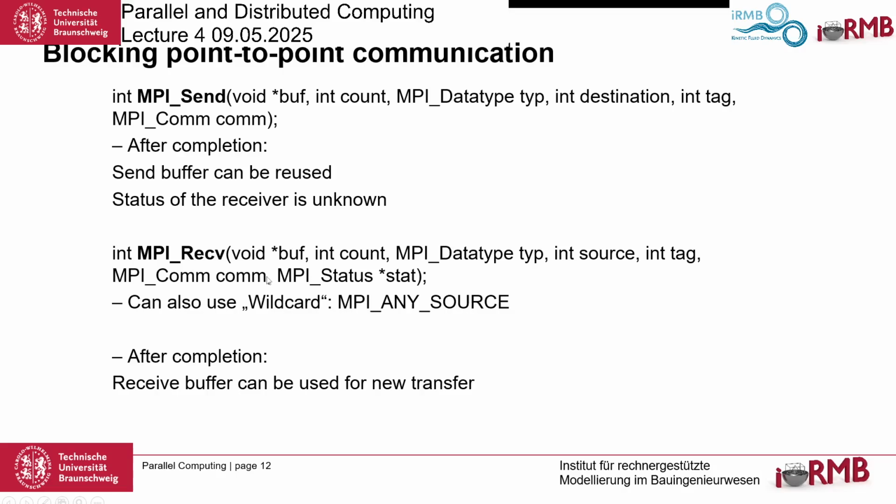Why are we so specific here? When the sending is done, so I have this blocking send, what I can do is use the buffer with which I was sending stuff. I can change this, because the letter is in the box.